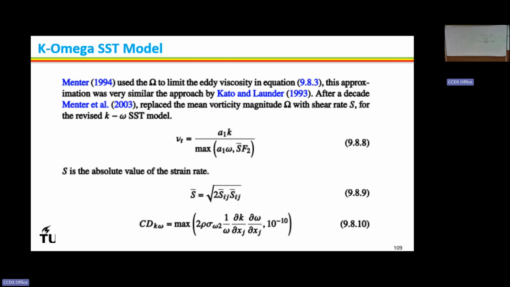So in a decade, he changed this. Later, nu t is the maximum of a1 k and S F2, where S is the strain rate, and there is a CD kw, another coefficient, 10 to the minus 10, and the maximum between these two, right?